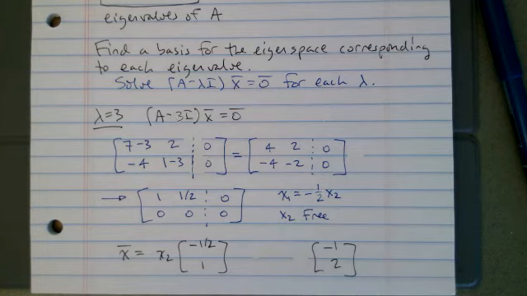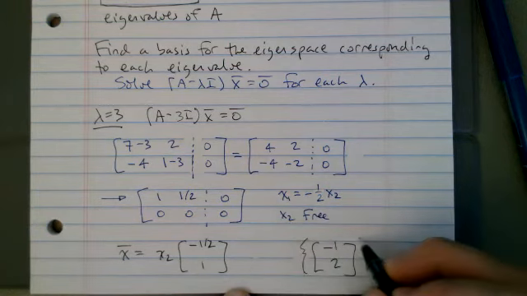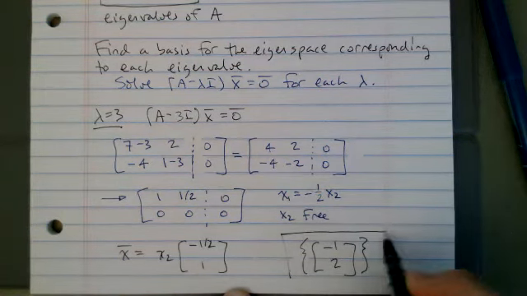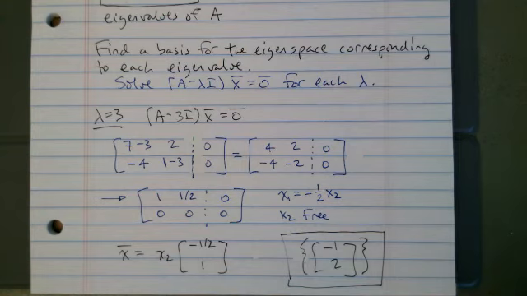We can multiply by 2 so that we have nice integers. And so this is a basis for the eigenspace of A corresponding to lambda equals 3. Any questions?